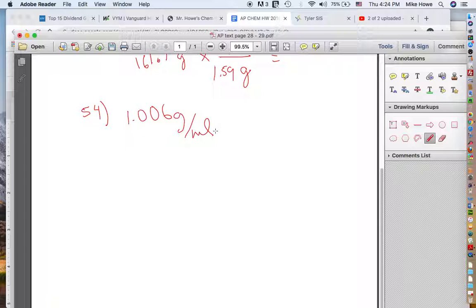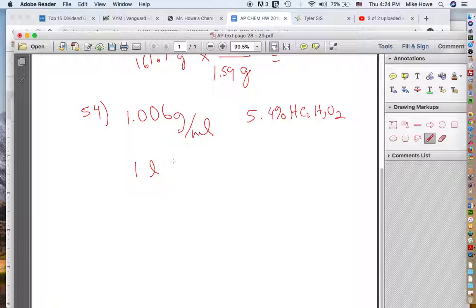We know that it's 5.4% acetic acid by mass. Acetic acid has this chemical formula. I'll just use that. We want to know how many grams there are in 1 liter. So we have 1 liter of vinegar.